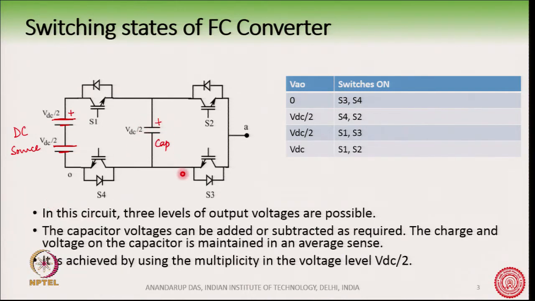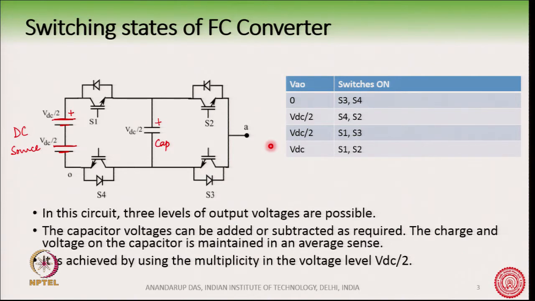For example, suppose I want to see this voltage VAO. If I turn on switches S3 and S4 here, then this VAO voltage will be 0. This voltage will be 0 if I turn on the lower two switches.